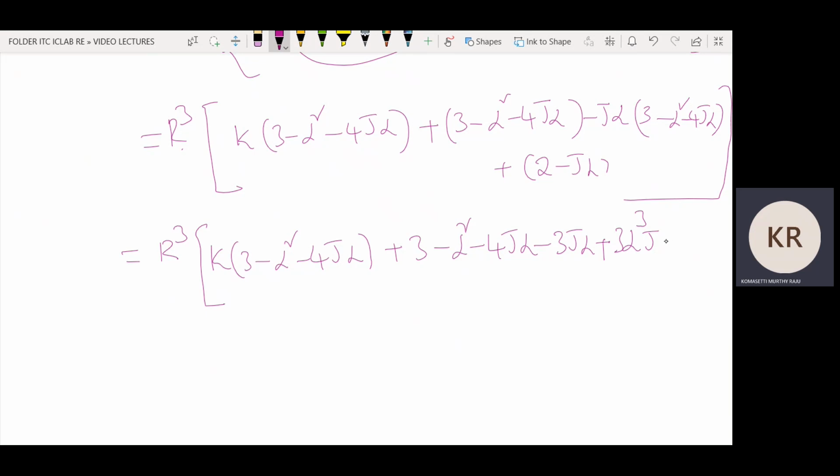That is the reason here alpha cube plus 2 minus j alpha. Here minus alpha cube is there.